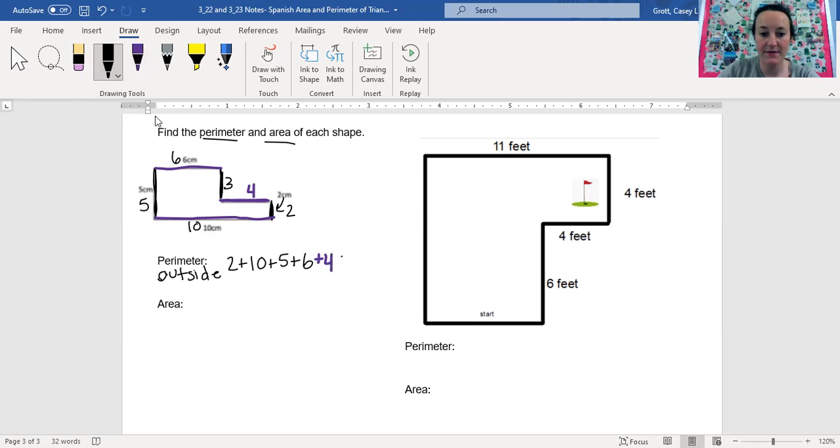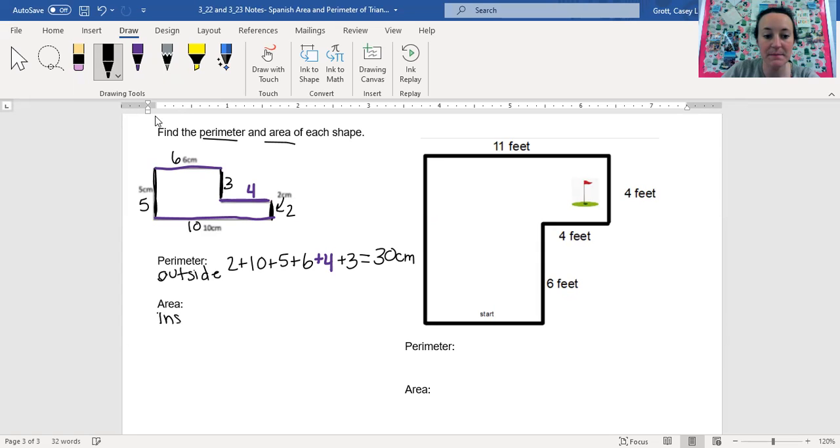And then I have my plus 3 from here. I add all of those up and we end up with 30 centimeters. Perimeter, we're going to add up everything on the outside, including ones that don't necessarily have a mark. We're going to calculate what that is.